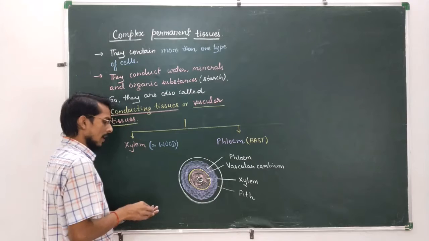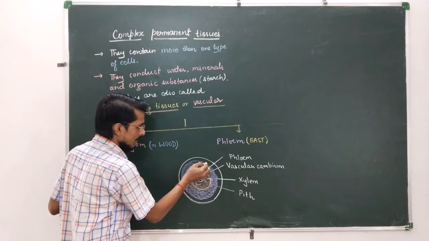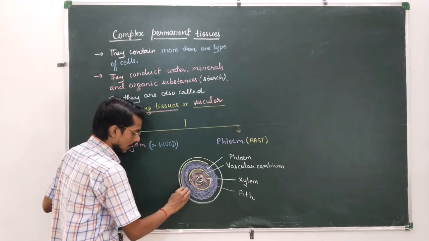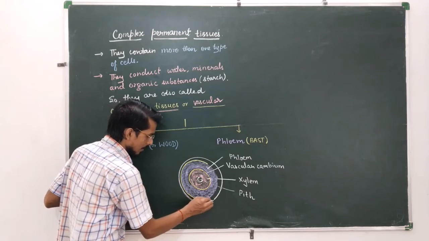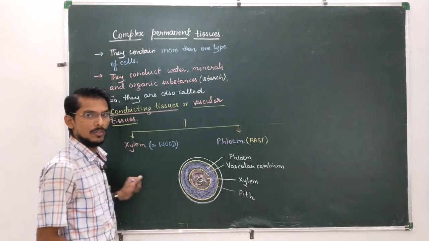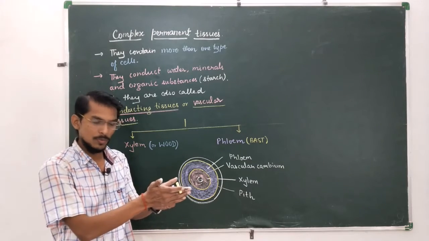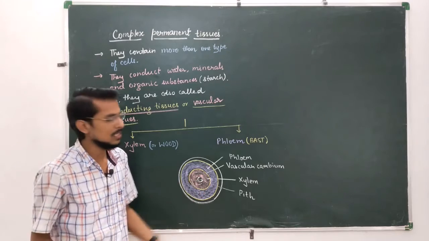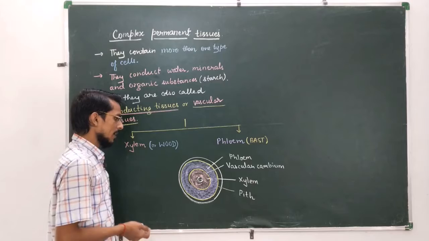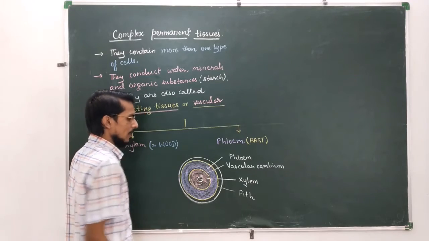After phloem, again we have another meristematic tissue layer which is called cork cambium. This is again responsible for the secondary growth. I have told you about the secondary growth, the growth which is responsible for the increase in diameter of the stem in case of dicot plants. Okay, so this layer is cork cambium.